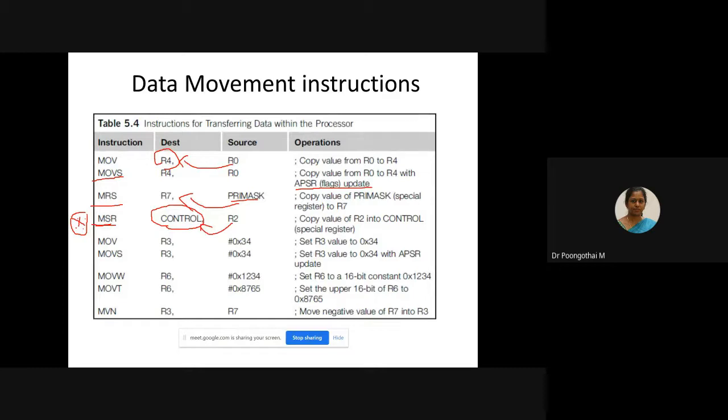35, roll number 35. Praveen. What is the purpose of this one? Tell me the answer quickly.